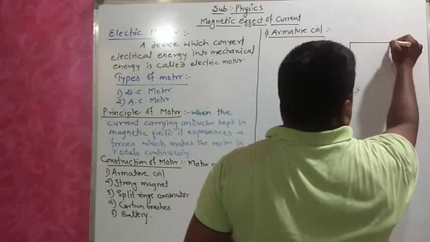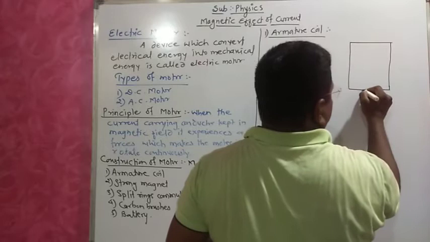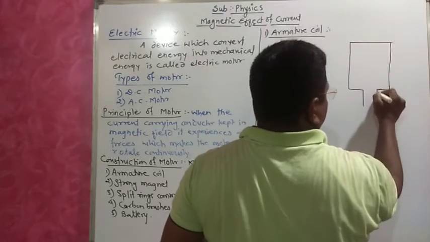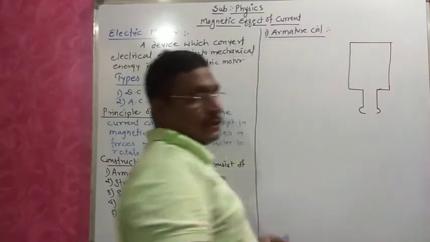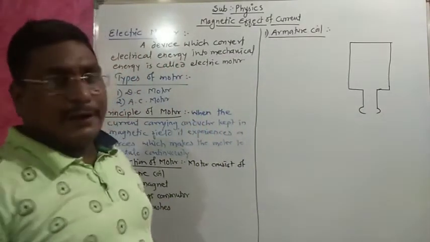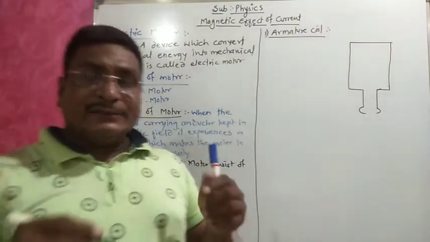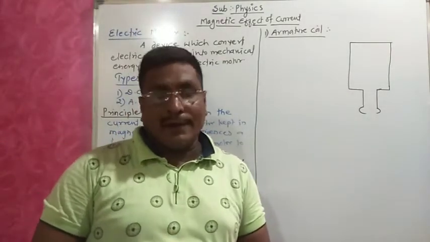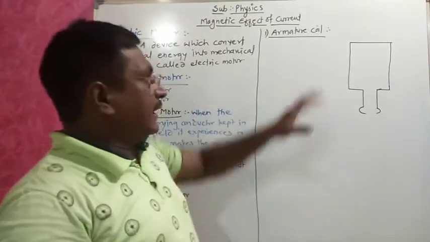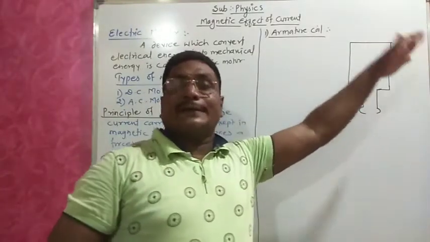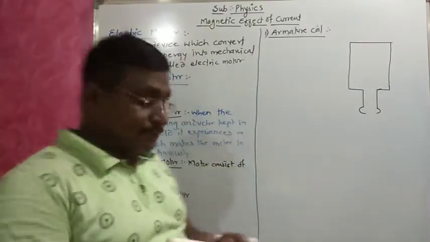The armature coil is a rectangular coil. What is the armature coil?